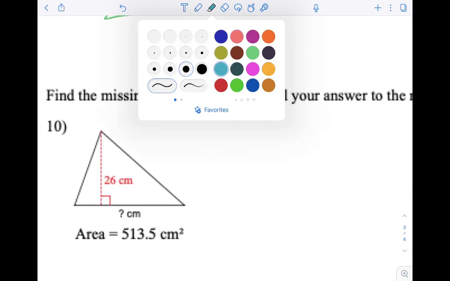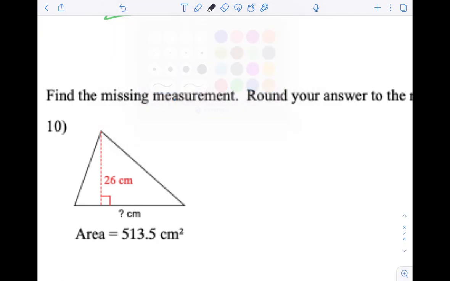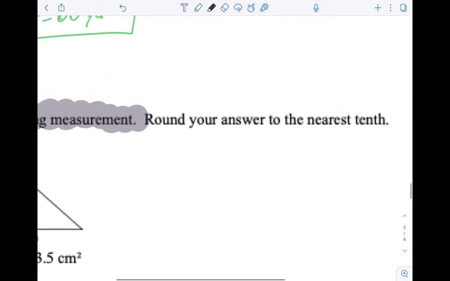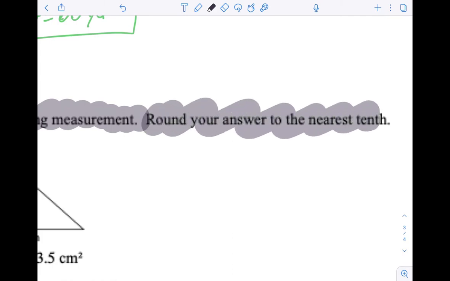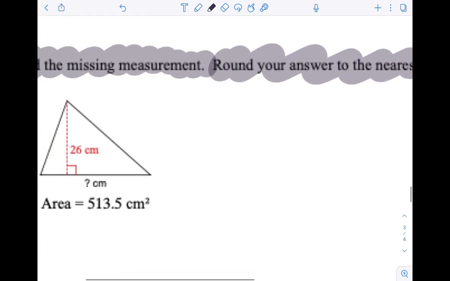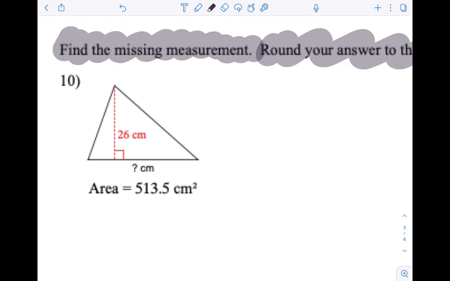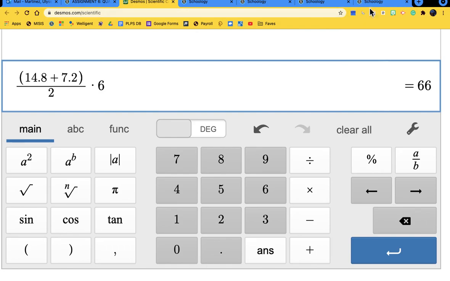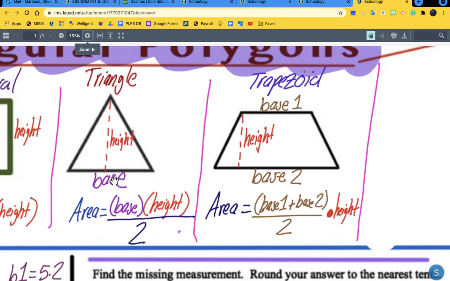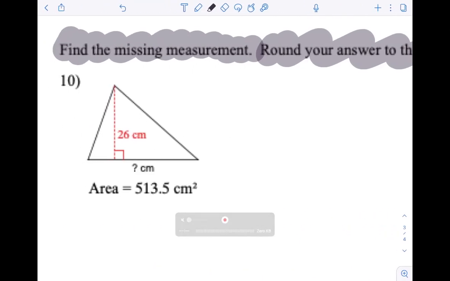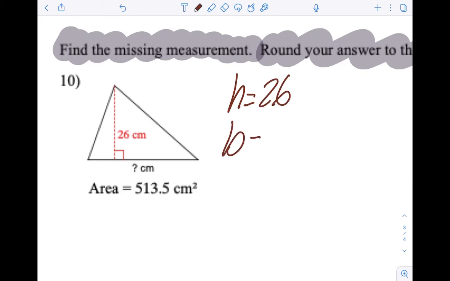It says, find the missing measurement. Round your answer to the nearest tenth. Find the missing measurement. So this is a triangle right here. So for a triangle, we remembered that we need a height and a base. Okay, so we need a height, which is 26. We need a base, which we don't have.